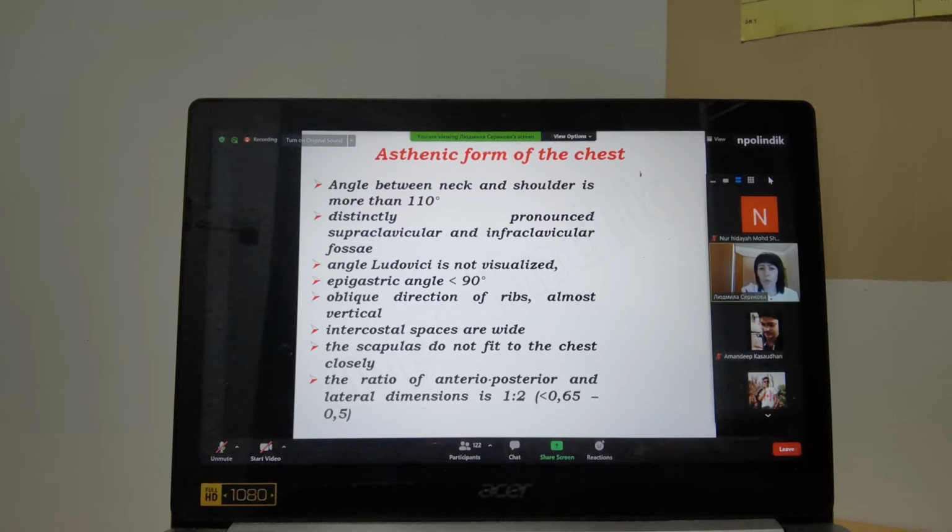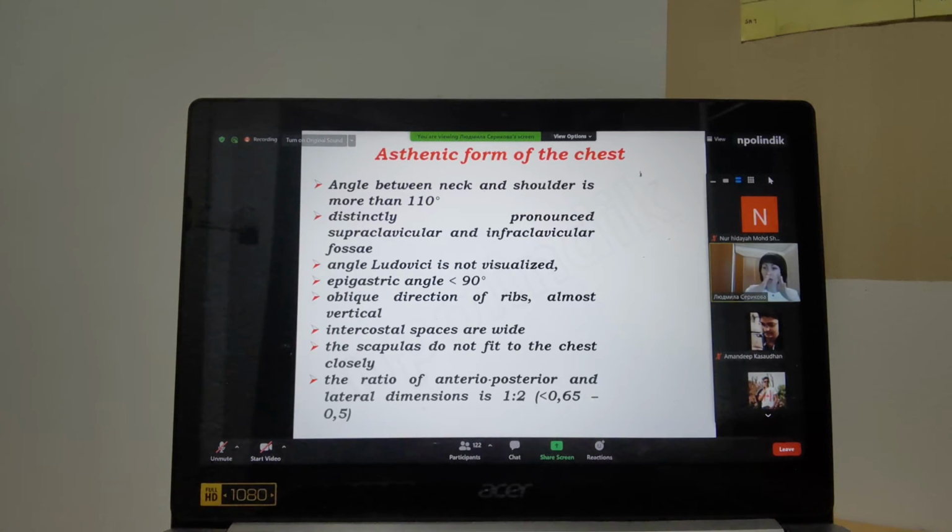Now, the asthenic form of the chest. The angle between neck and shoulder is usually more than 110 degrees. Distinct and pronounced supra- and infraclavicular fossa. The Ludovici angle you cannot detect because the sternum is absolutely flat, like this.